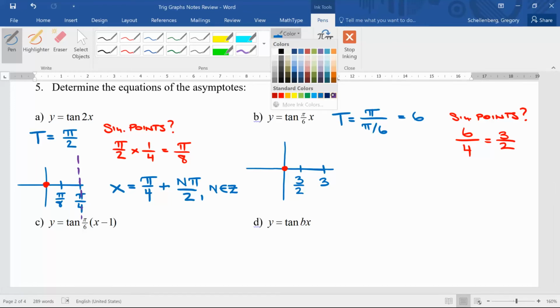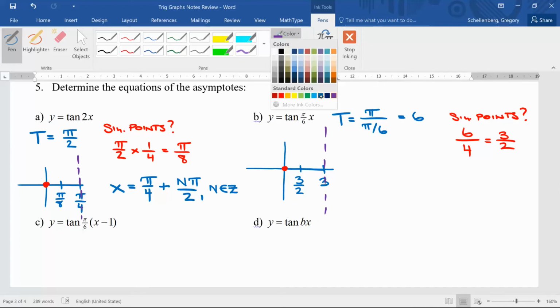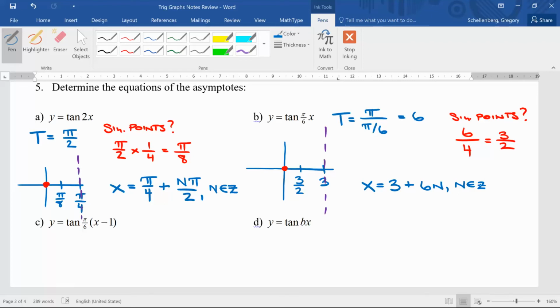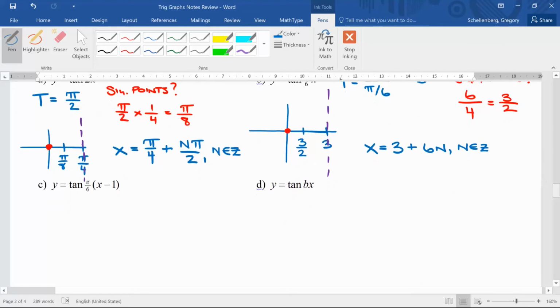Okay, two significant points to the right is where our first vertical asymptote occurs. And from that, we can come up with the equation of our asymptotes. So we will say that x is equal to 3 plus integer multiples of the period, so plus 6n, where n is an integer. Give you just another second to digest that.